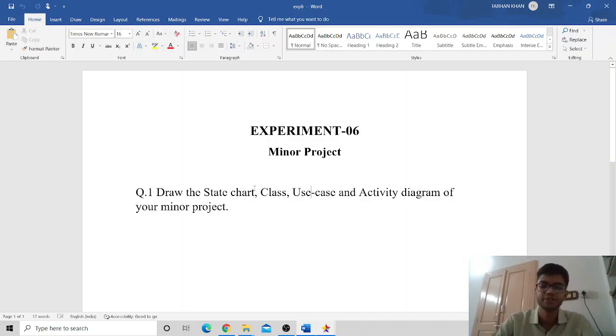Okay. So first of all, I have to tell you my first minor project is about the design and development of a statistical model for ranking of states or territories using a machine learning algorithm.